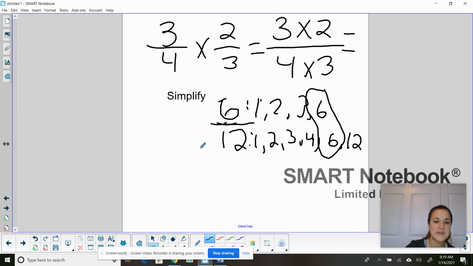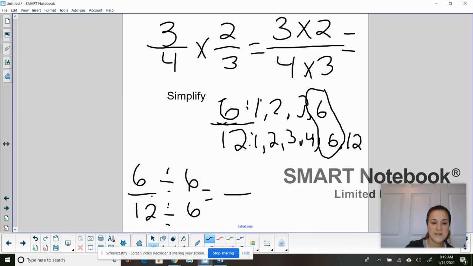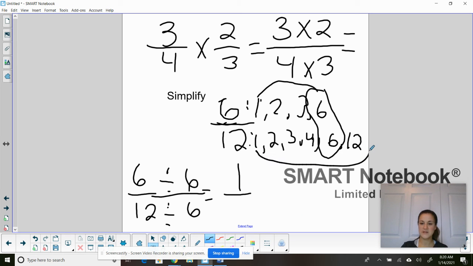That means we are going to take 6 twelfths and divide by that GCF. So 6 divided by 6 over 12 divided by 6. So 6 divided by 6, we know its partner is 1. So automatically the answer is 1. 12 divided by 6, what's the factor pair? 6 and 2.